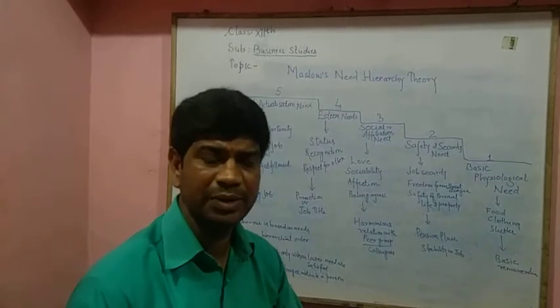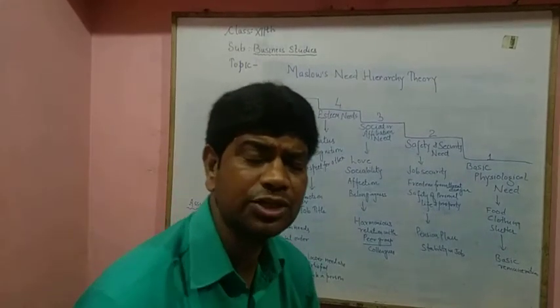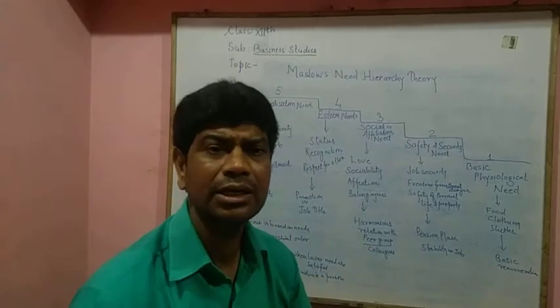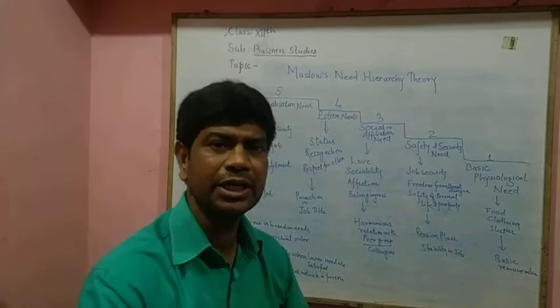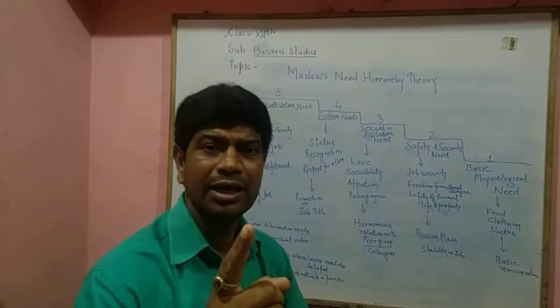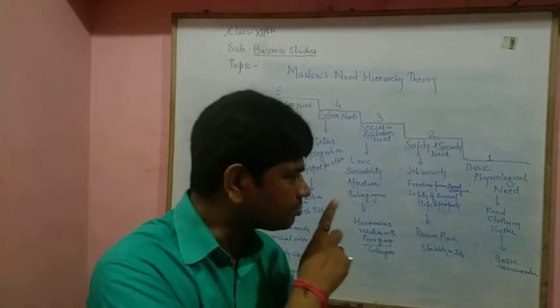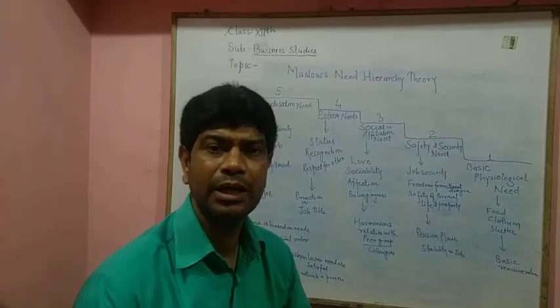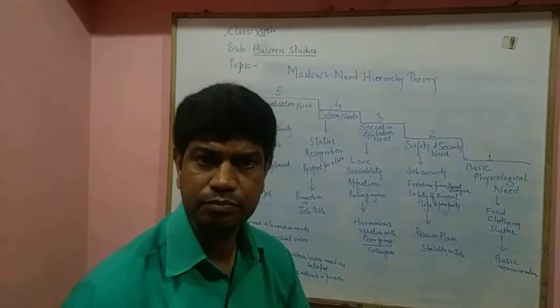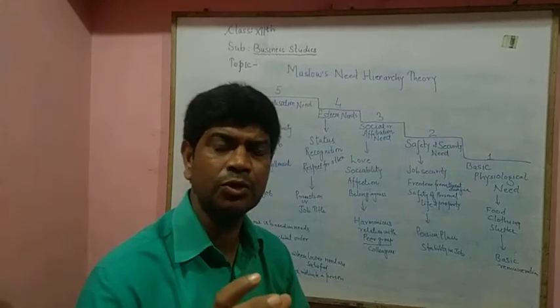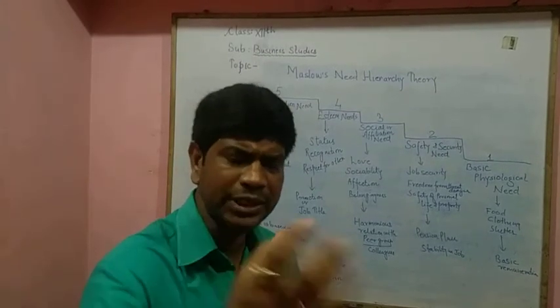Once a human being is able to achieve food, clothing, and shelter, he wants to also assure that even in future he may be able to satisfy all his basic needs. His life should move on uninterrupted. He shall be able to fulfill all his needs without any interruption.